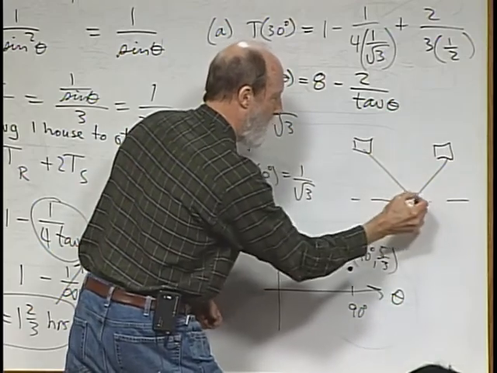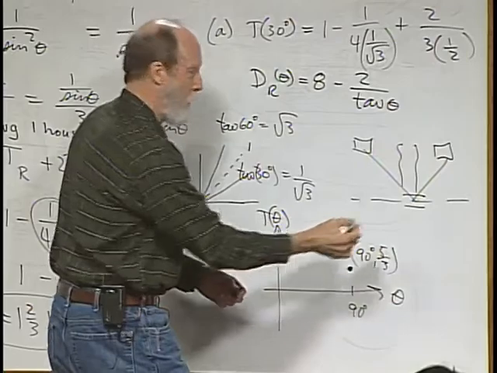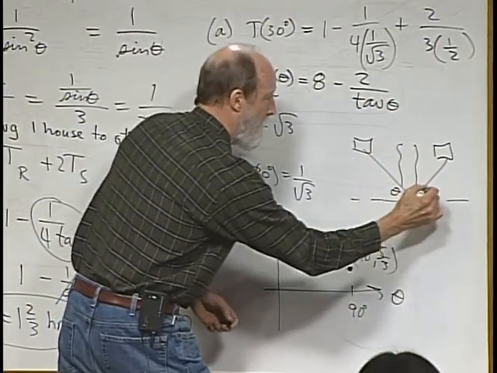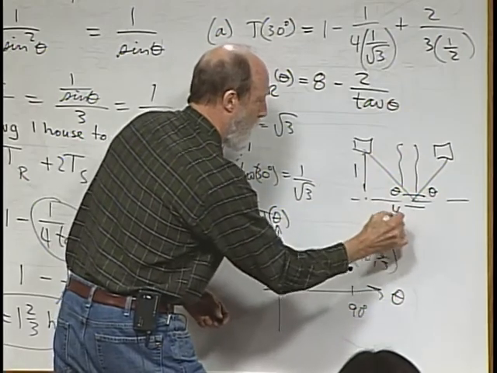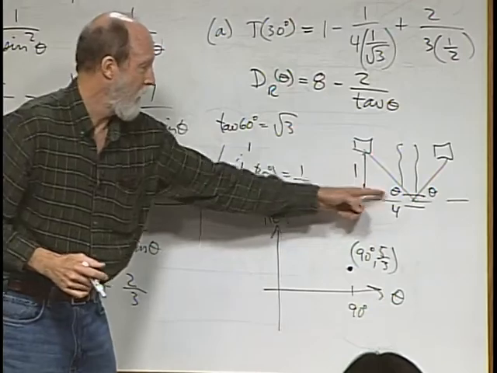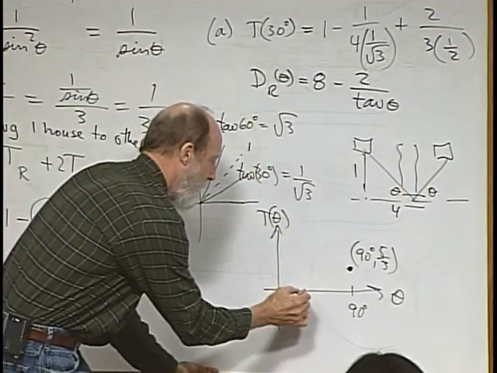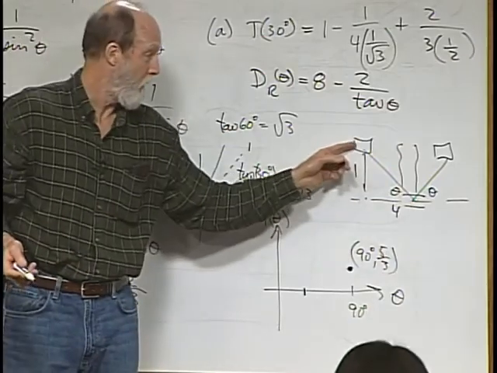Because there's a bridge here and a river. There's a minimum angle theta here based on the geometry. 1 mile, 4 miles. See the tangent there? So that's the minimum angle, and that's going to be down in here somewhere, the minimum angle that you could possibly use to be able to go from house to house.